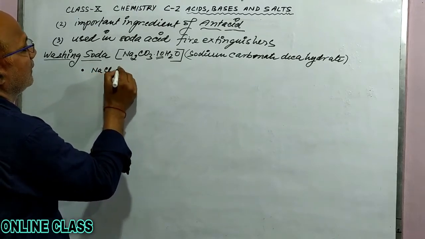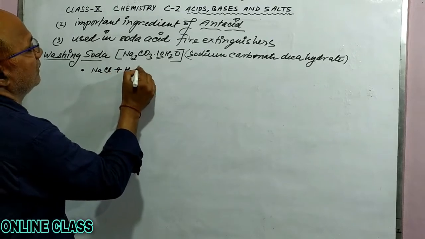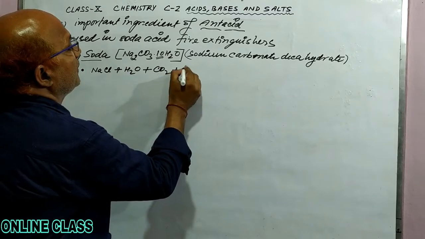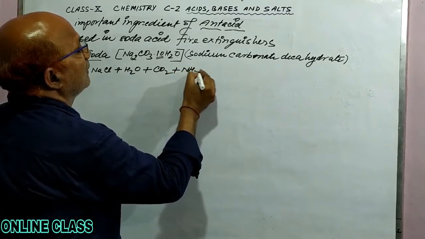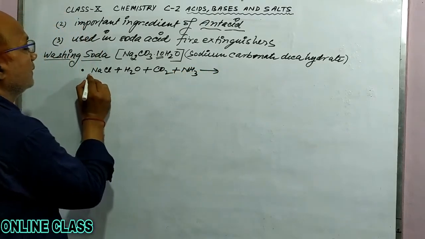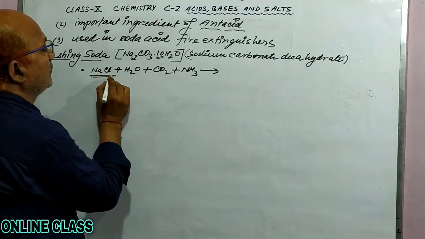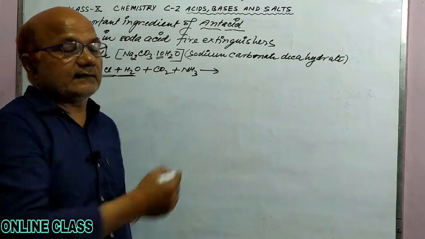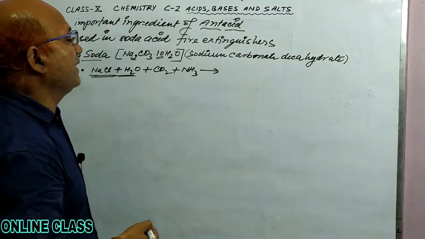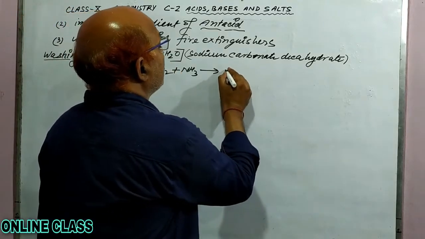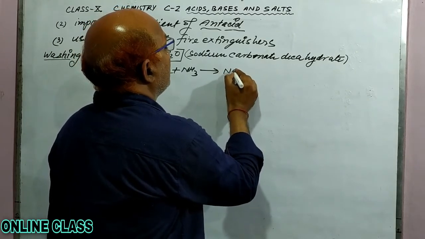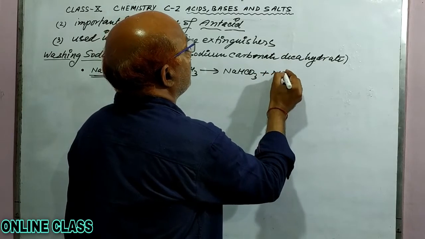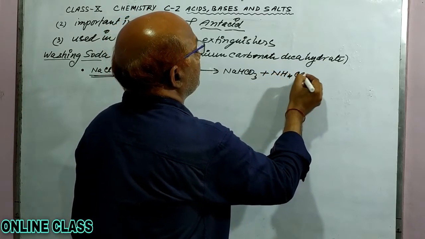NaCl plus H2O plus CO2 plus ammonia. Okay. This is brine solution. So, when carbon dioxide and ammonia gases are passed through brine, then it forms NaHCO3 plus NH4Cl.